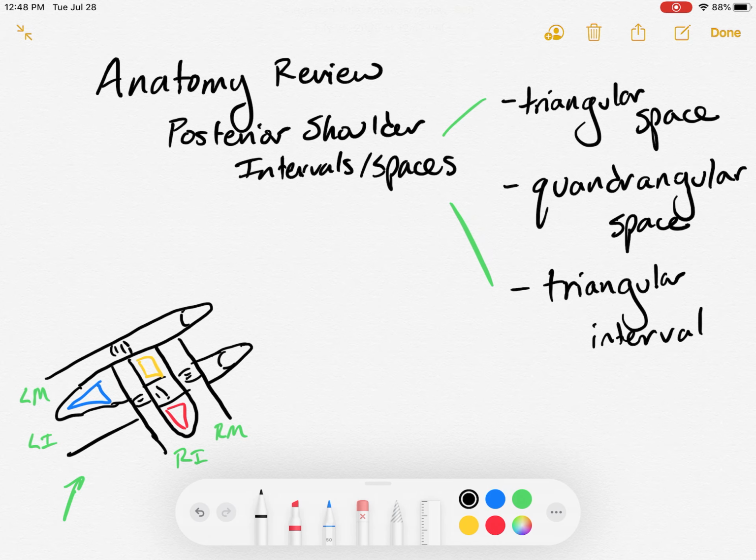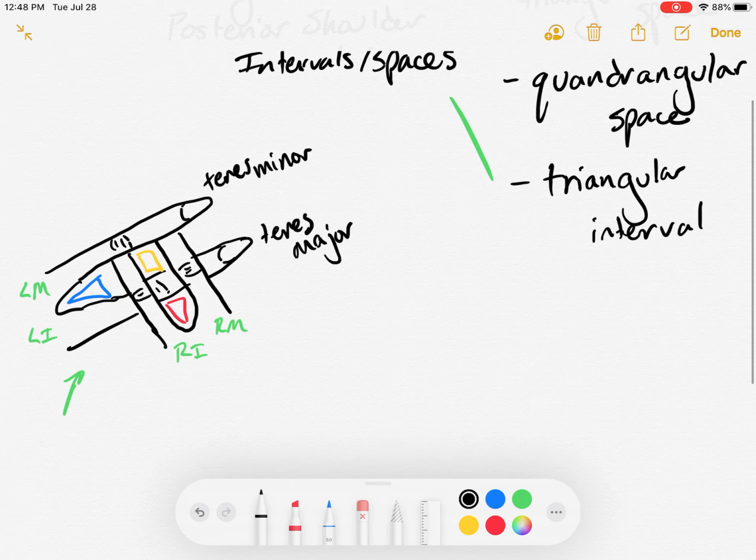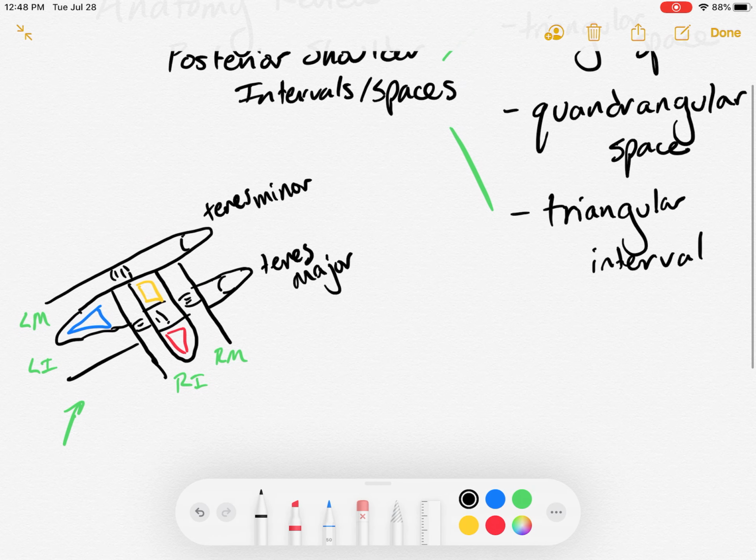But for the two fingers of our left hand, it's easier to remember what these two muscles are for the borders of these spaces because they're both a teres. So this is going to be teres minor, and this finger is going to be teres major. And then our right hand is actually going to be two different heads of triceps.